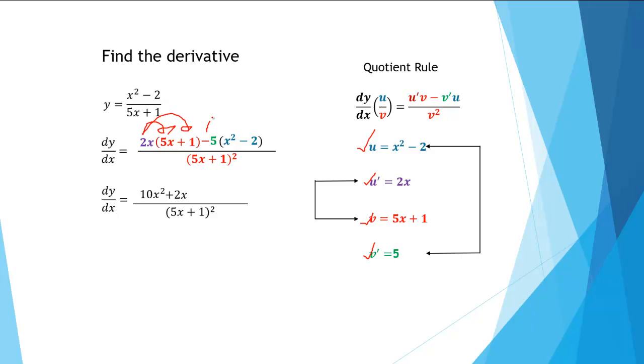And now we'll distribute -5. So -5 times x squared is -5x squared. -5 times -2 is +10. The next thing we'll do is combine like terms, which gives us a final result of 5x squared plus 2x plus 10 divided by 5x plus 1 quantity squared.